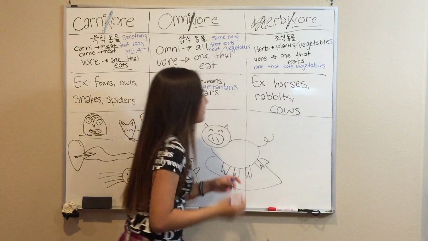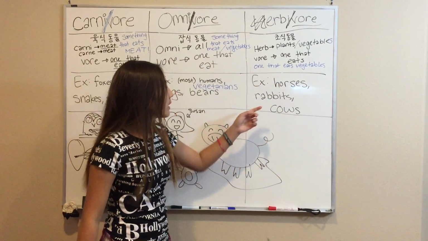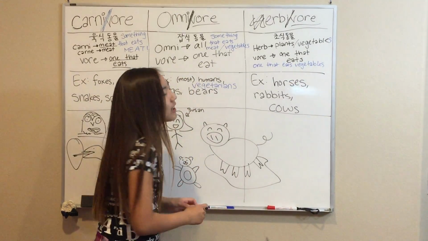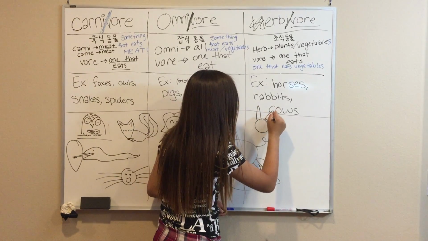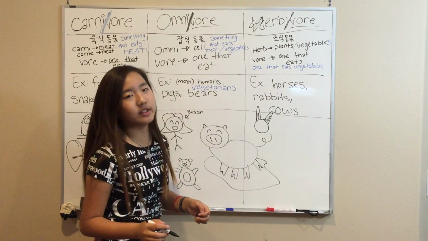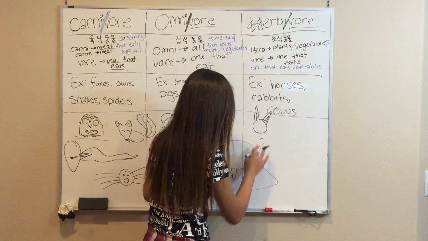Put an S there. For example, horses, rabbits, or cows. I'll draw another picture. Rabbits are the really cute bunny rabbits. They're also called bunnies or hares. They're slightly different, but they have basically the same meaning.